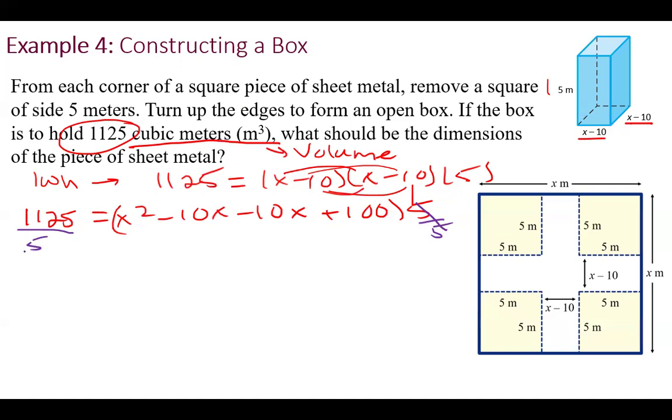Are you ready? 5 goes into 1. Yes or no? 5 goes into 11. Yes. How many times? With how much left over? 5 goes into 12. Yes. How much left over? 5 goes into 25. How much? 5. So therefore, 1,125 divided by 5 is 225. And that equals x squared minus 20x plus 100.